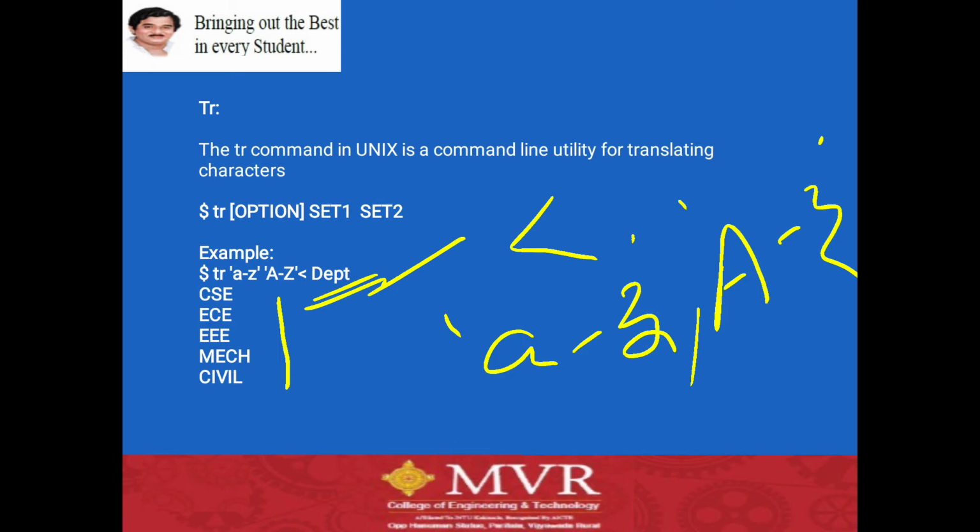Similarly, you can give a to z, or you can also give a to c and capital A to C. Then also it will convert the small a, b, c letters to capital A, B, C letters, which you can do with this tr command. It's also very simple.